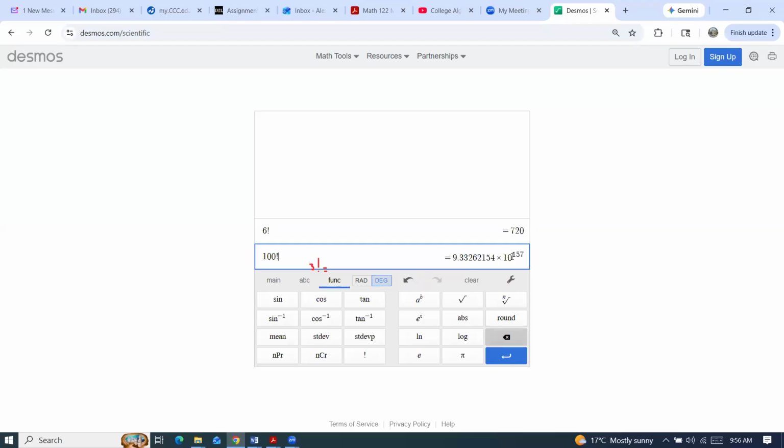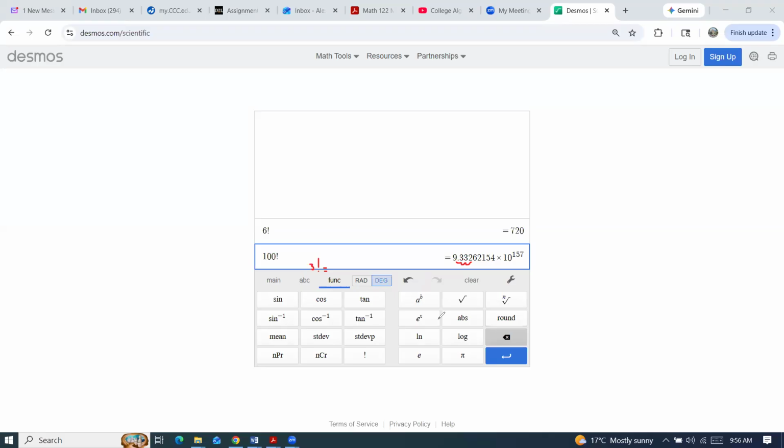Anyways, when you multiply by 10 to the power of 157, you need to move your decimal 157 places to the right. So if you move 8 places, there'll be 149 extra moves, and each empty spot you will have to fill with a 0. So that'd be 149 zeros at the end, and that's going to be a huge number, and we don't even have a name for it.